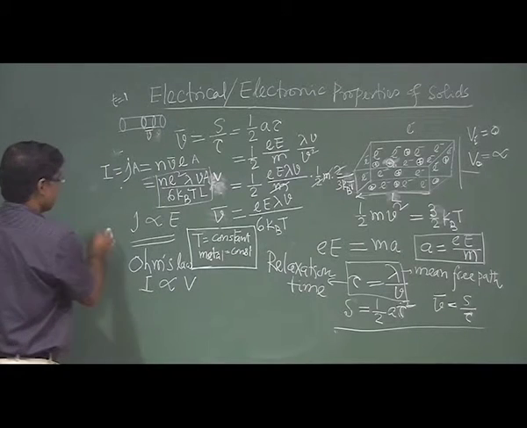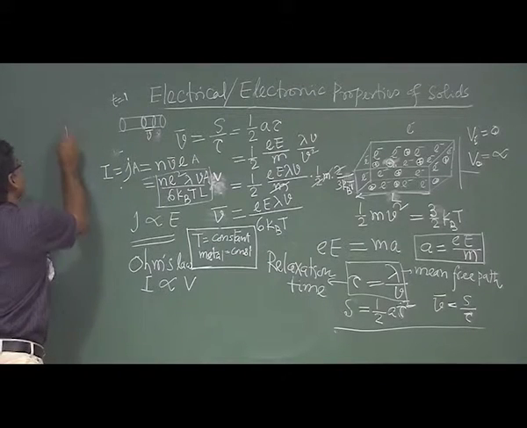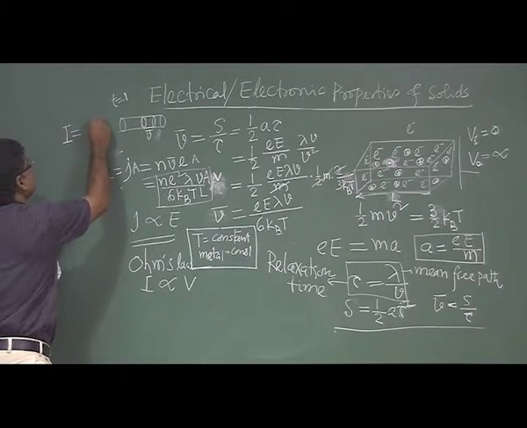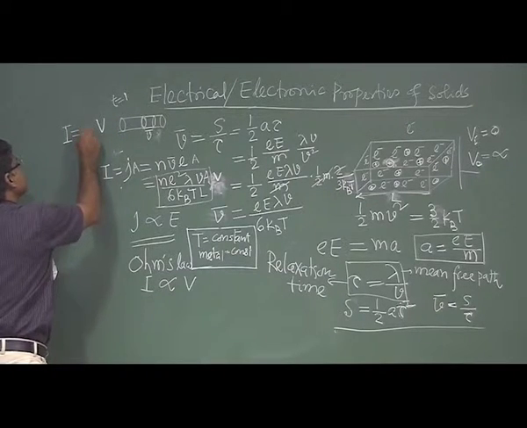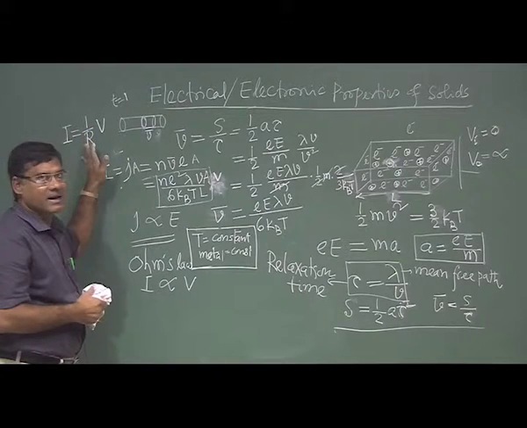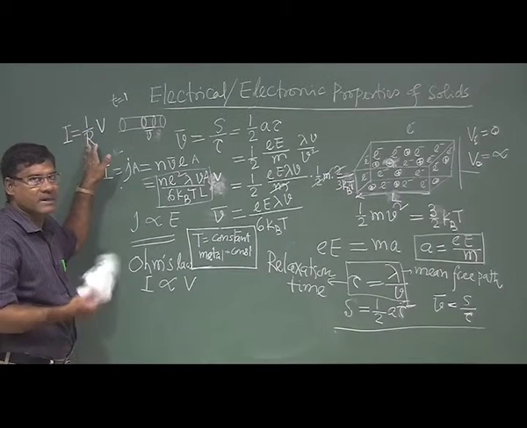I can write I equal to V times some constant. R is a constant, so I can write 1 by R for my convenience.